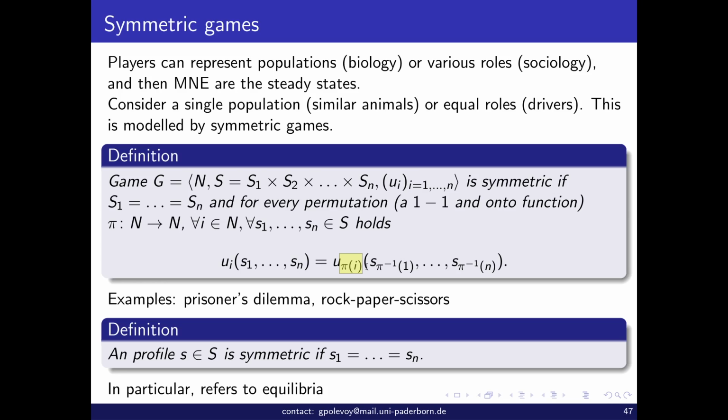So the strategy of player P(i) has to be the same as the strategy of player i. So it has to be reversed. It has to be the same as P^-1. And for any other player, the same.